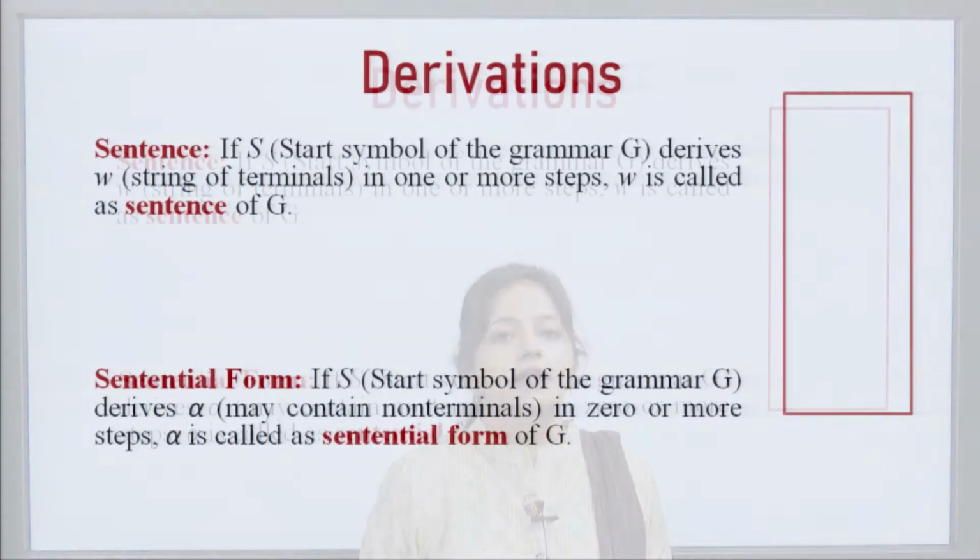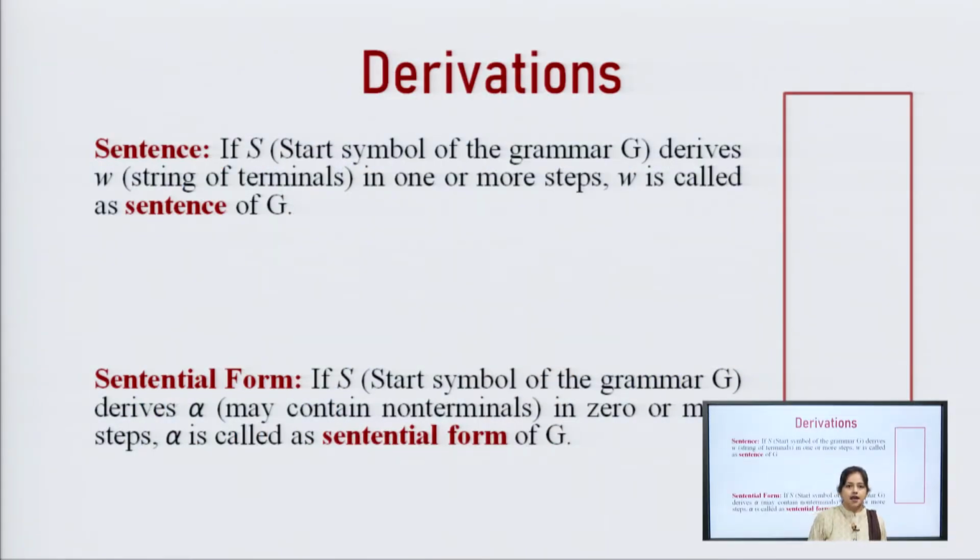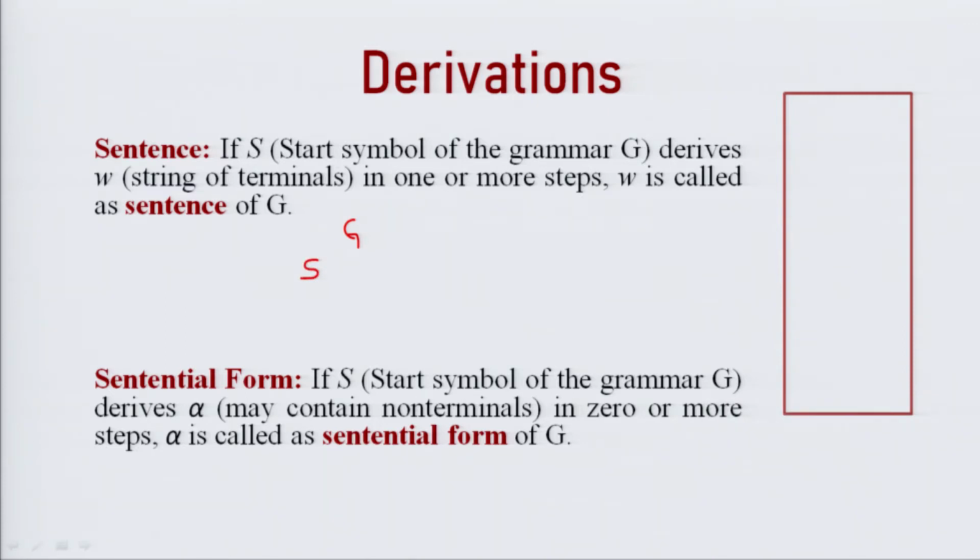Now, we will see the next example for derivation, but before that, we will first understand the next terminology, that is sentence and sentential form. Suppose we have a grammar that is capital G and the start symbol of the grammar is capital S. Now, from the start symbol of the grammar, suppose we apply one step and we reach alpha. So, S to alpha in one step. Here we should know the symbols, first this one, next this one and next this one.